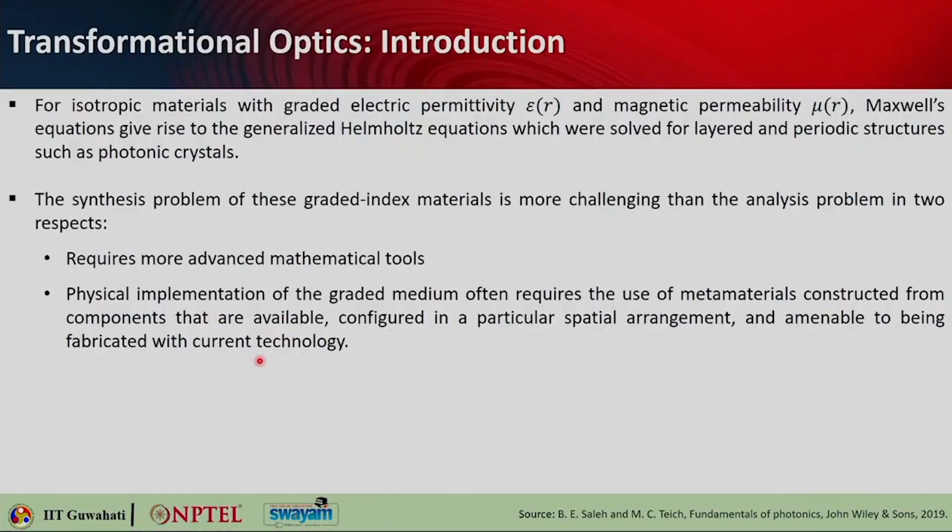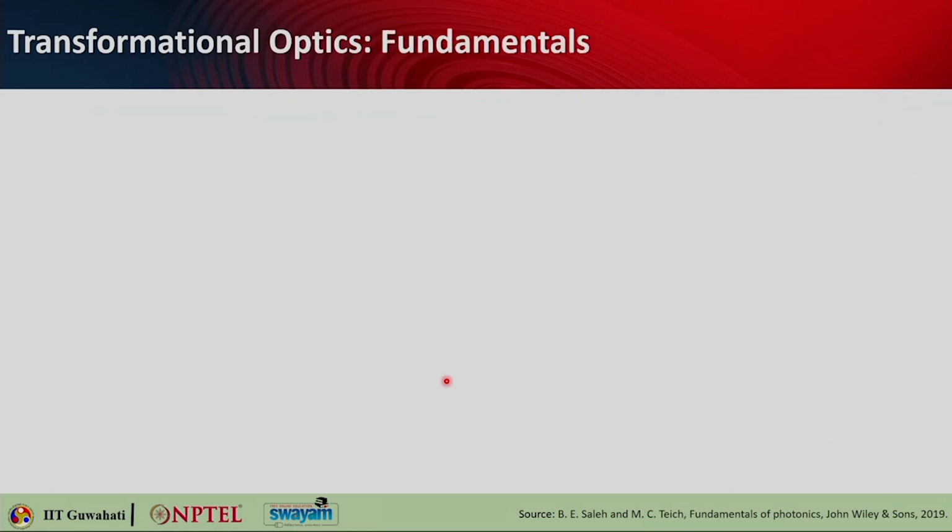So these are the requirements, or you can say limitations, imposed on graded index materials because of the current technology status. You require advanced mathematical tools, so the analytical study is difficult, and the fabrication of graded index materials is challenging as well.